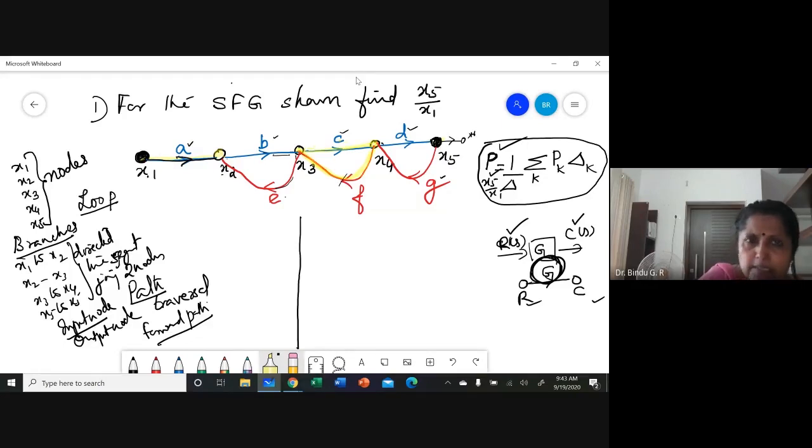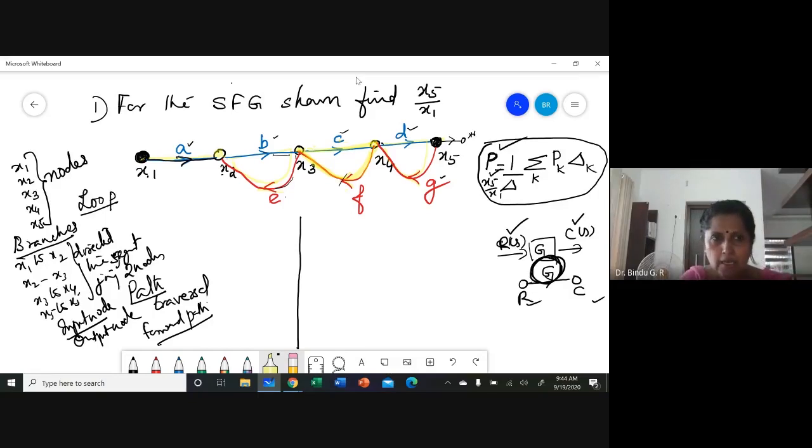This is a loop. Similarly, BE is another loop. Similarly, DG is another loop. So you should always understand that these arrow marks are very important in SFG. Very, very important. If the arrow mark was in the opposite direction, you cannot take this as a loop.